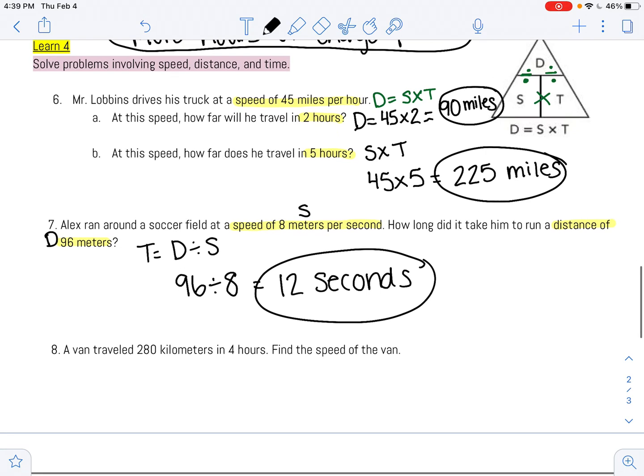And the last problem, a van traveled 28 kilometers in 4 hours. We want to find the speed. So we're given our distance and our time. When we're solving for speed, if I look back up here at my triangle, I'm going to cross out speed. I see I have to take my distance divided by my time.